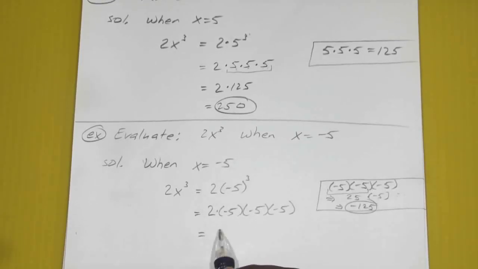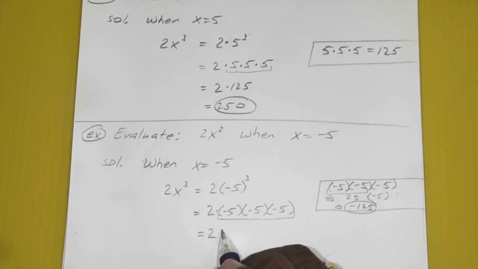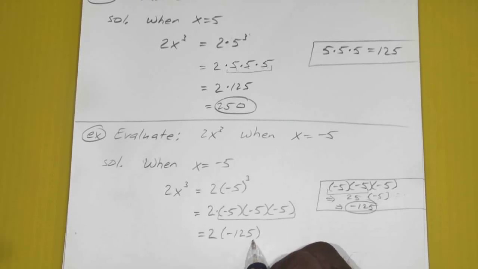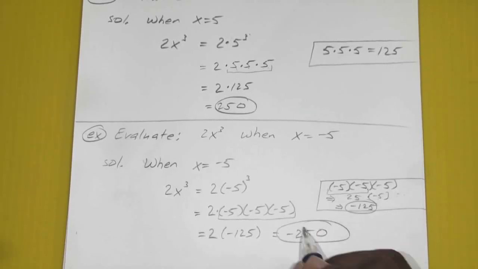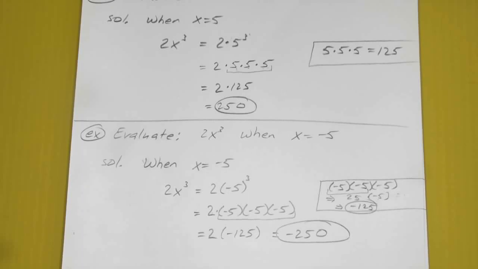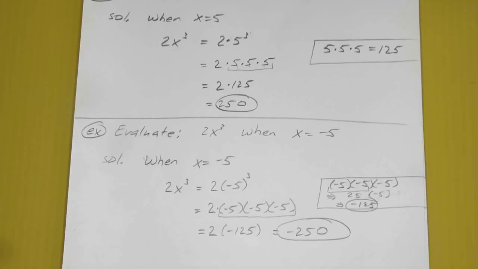Okay, so you have here 2 times -125. Well, in this case, it would be negative 250. So whenever you multiply with the negatives, it's usually safer to make sure it's in parentheses, because that makes sure the entire negative and everything gets multiplied. Any questions on either one of those?